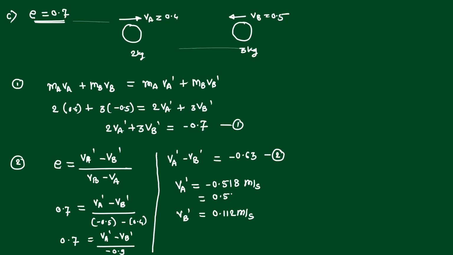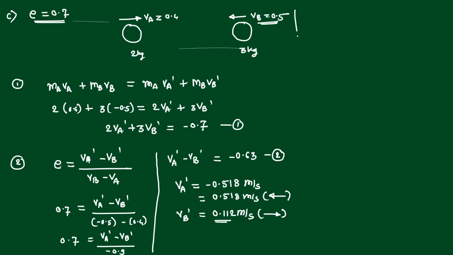So this is 0.518 meter per second and it is moving on the left side. And VB dash, its direction will also change. It is already moving towards left. After collision, it will start moving towards right because the velocity is positive. Okay. So this is the first part, to find out the velocities after impact.